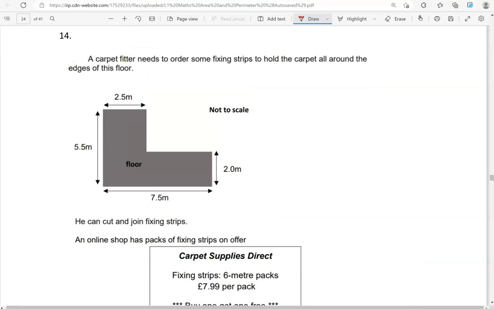So we're talking about fixing strips to hold the carpet all around the edges of the floor. So that tells us we're working out the perimeter.